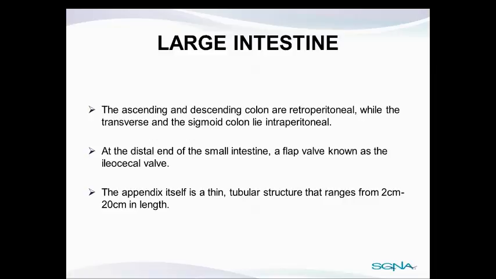It acts as a sphincter that controls the passage of intestinal contents from the ileum to the colon and prevents reflux of bacteria from the colon back into the small intestine, thus preserving a relative sterility of the small bowel. The appendix itself is a tubular structure that ranges from 2 centimeters to 20 centimeters in length.